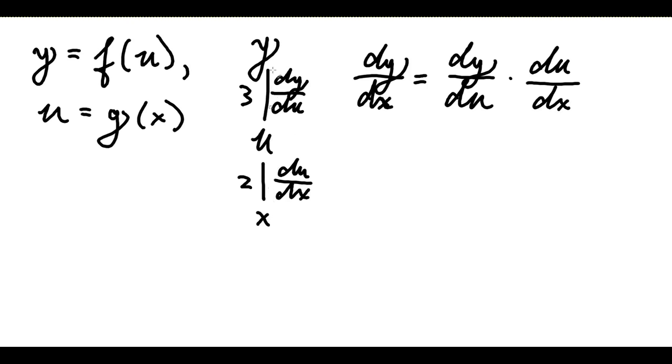There's a chain or sequence of dependency here, and those get multiplied. If we had a longer chain with more levels, more of these nested composite functions, we would just need to multiply together the derivatives at each stage, each step or link along that chain. That's what we're talking about here.